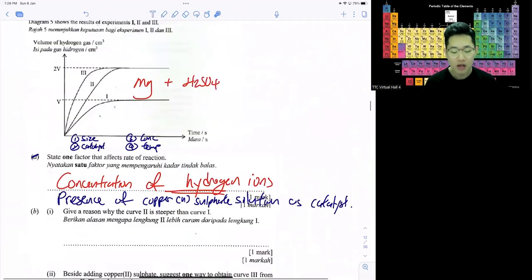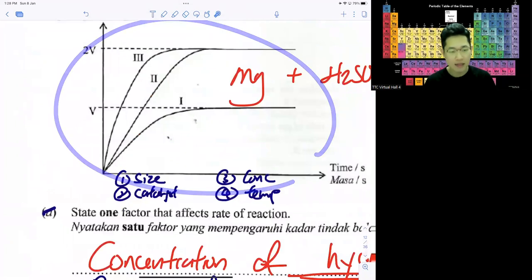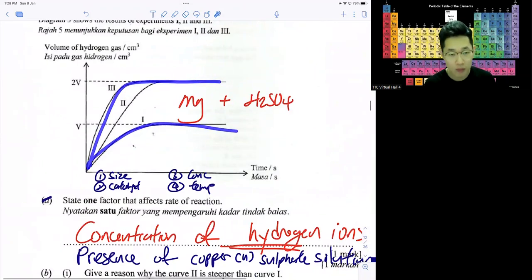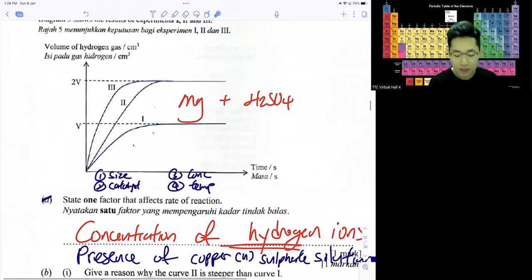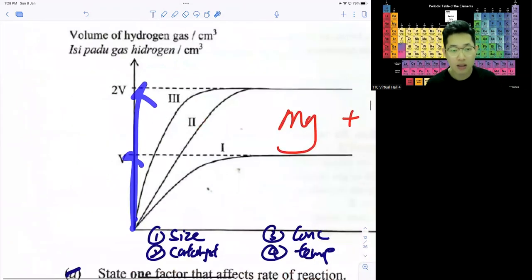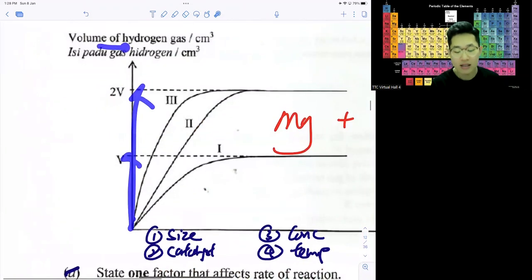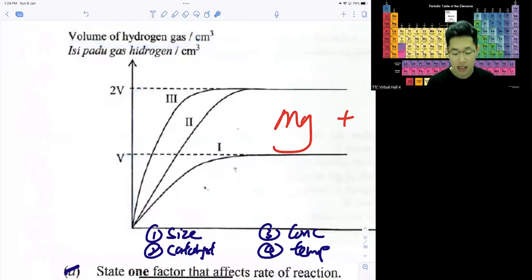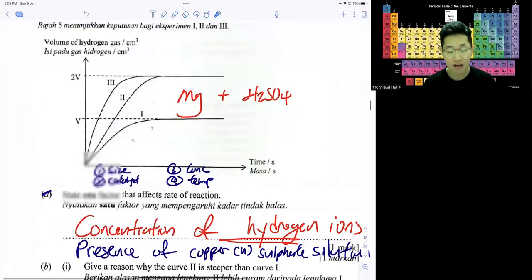Then give a reason why the curve 2 is steeper than curve 1. So when you see curve like this, okay, you can see they are having different height, 不同的高度。So 高度是 determined by the volume of gas released 的。它产生越多 gas，then 它就上越高咯。More gas, then higher。Okay, for the height of the graph. And then for steepness, right?